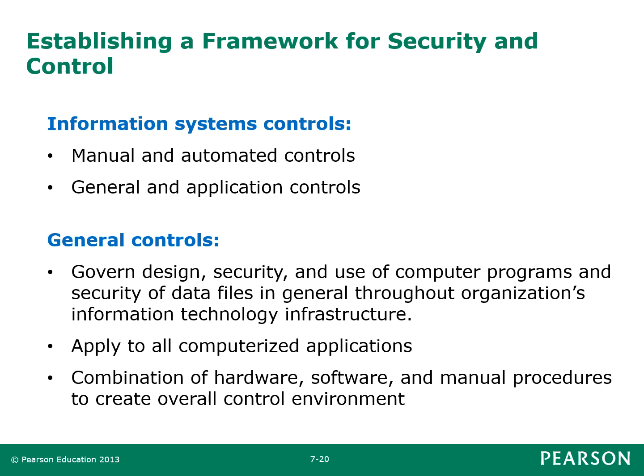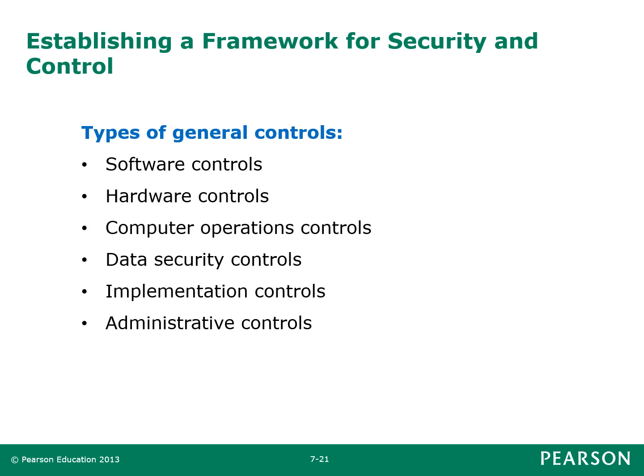Application controls include both automated and manual procedures that ensure that only authorized data are completely and accurately processed by that application, while general controls apply to all computerized applications. As you can see, we have here all the types of general controls: software controls, hardware controls, computer operation controls, data security controls, implementation controls, and administrative controls.